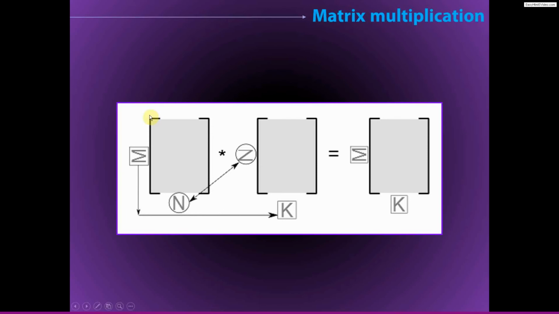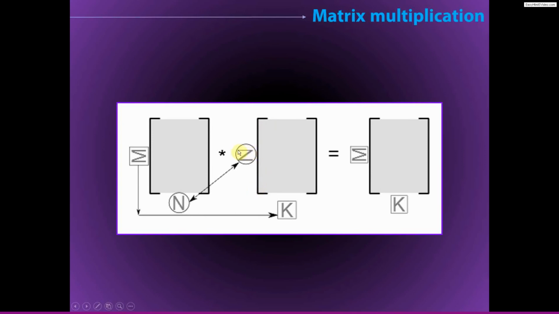If you have two matrices that are m by n and n by k, then the matrix multiplication between these two matrices is defined, it's permitted, only when the inner dimensions match. So when the rows in the left matrix have the same number of elements as the columns of the right matrix.